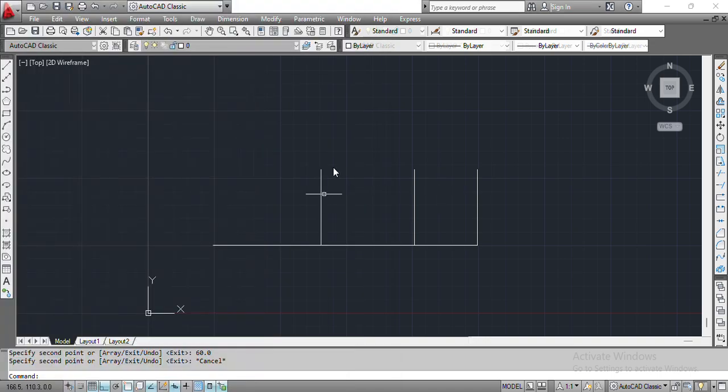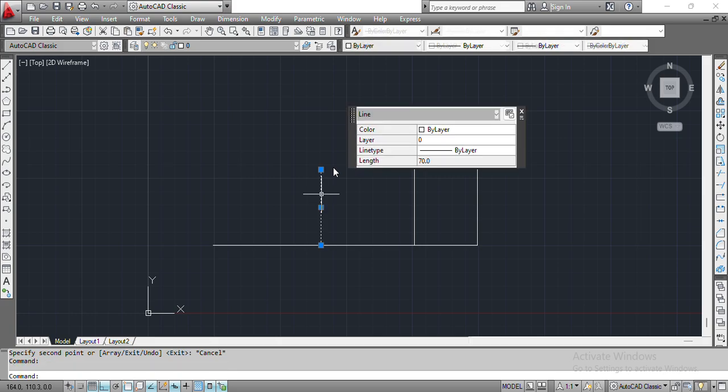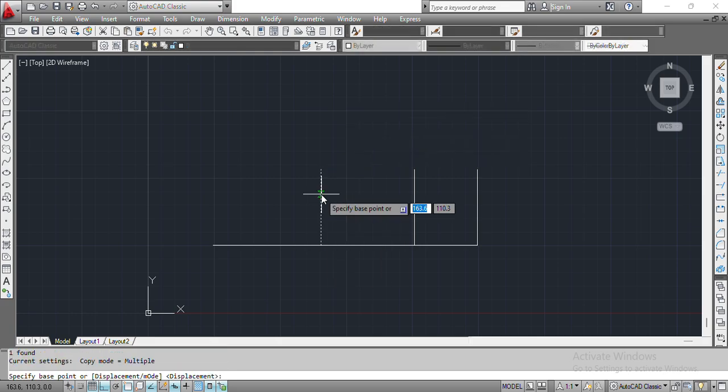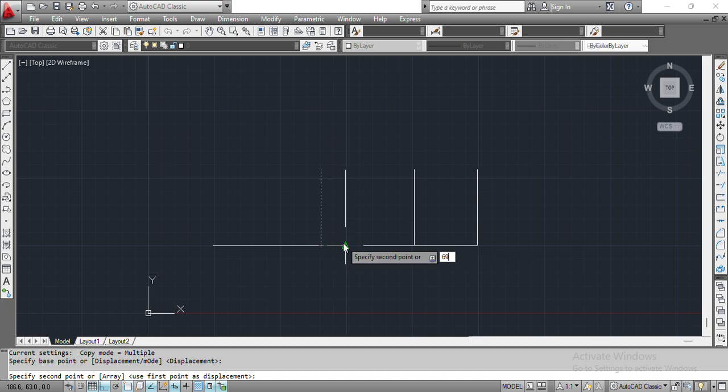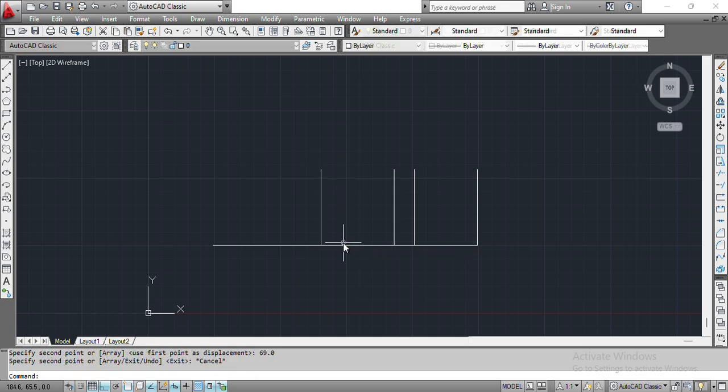Well, copy this from the base to a distance of 69.0. Good.